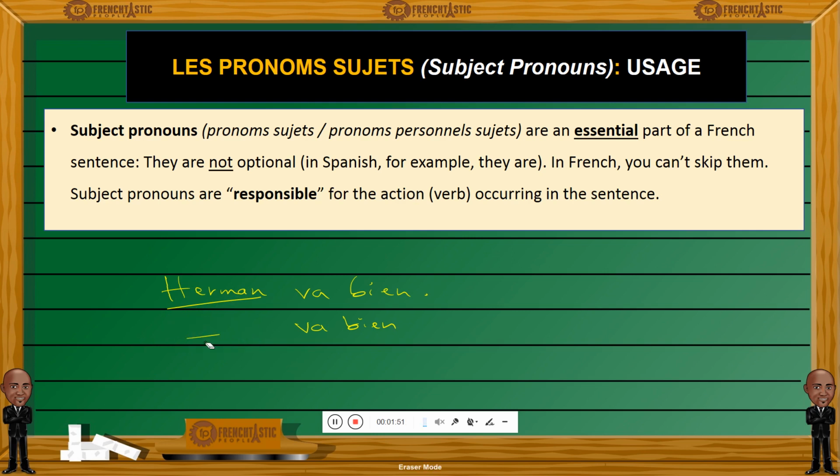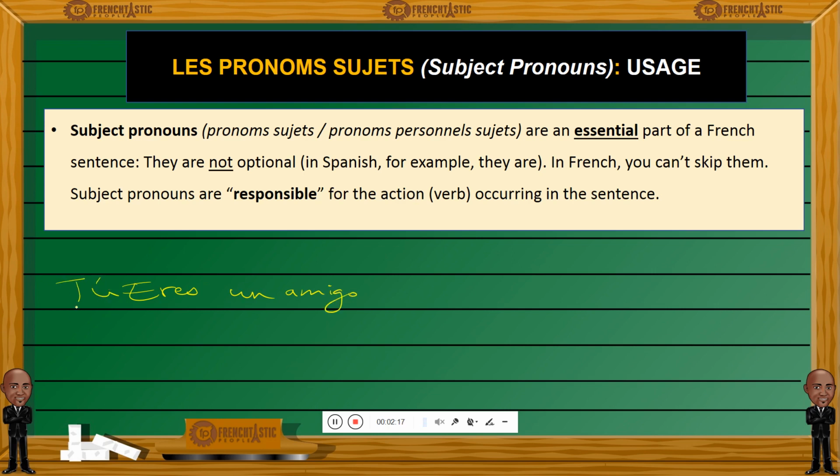Now, with that being said, let's look at a few characteristics of a subject pronoun. First, they are not optional in French. In Spanish, they are. If I say, eres un amigo, you are a friend. We have omitted tú, which means you here.